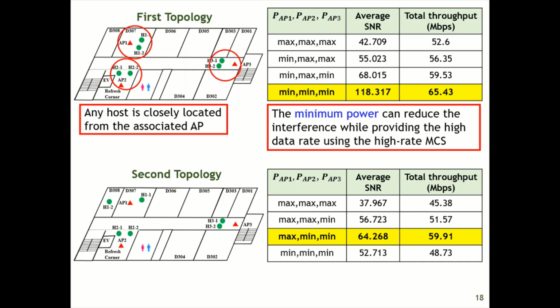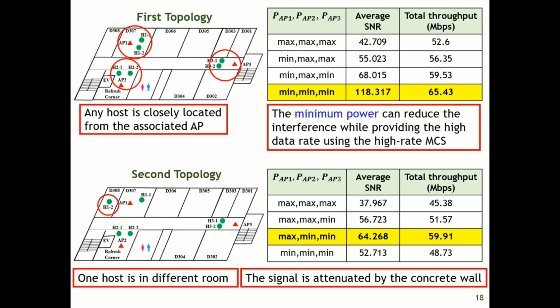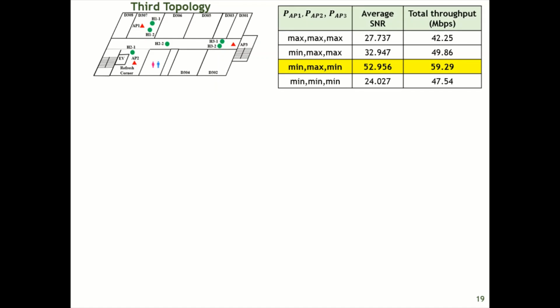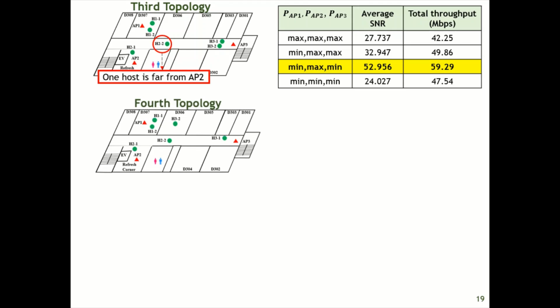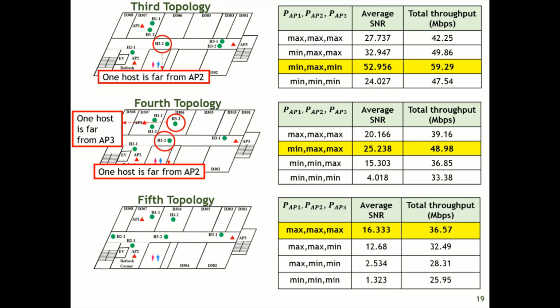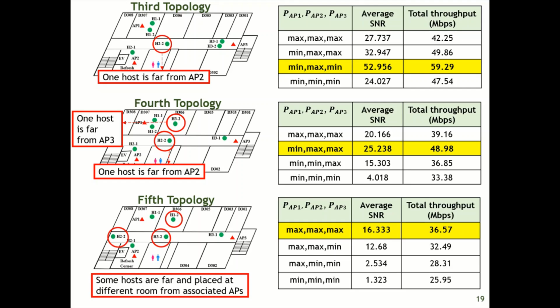The best power for AP1 becomes maximum because one host is in a different room and the signal is attenuated by the concrete wall. And for the third topology, again, the method can select the best power for all APs. And then for the fourth topology, the best power is minimum for AP1 and maximum for AP2 and AP3. And then for the fifth topology, the best power for all APs is maximum because some hosts are far and placed in a different room from the associated APs.